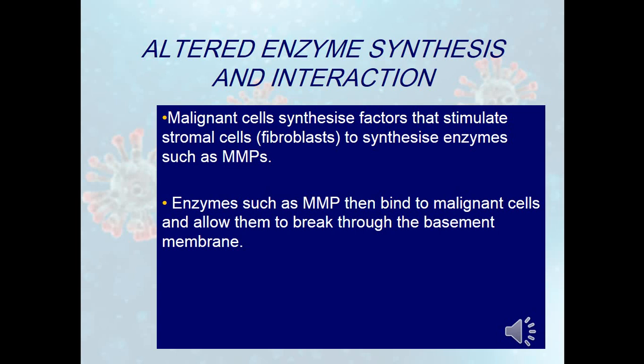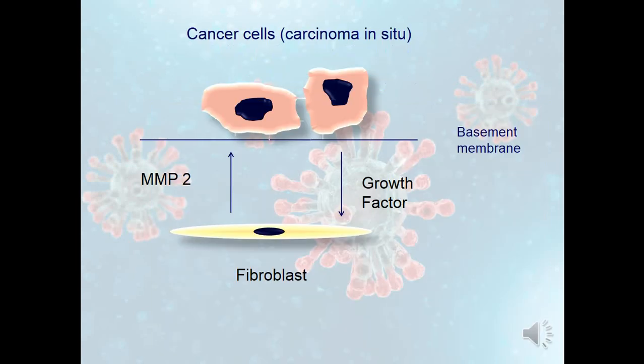This interaction between the malignant cells and the stromal cells is an interaction between the tumor cells and the microenvironment, which enables the malignant cells to break down the basement membrane and move through the stromal component. So enzymes such as metalloproteinases bind to malignant cells and allow them to break through the basement membrane.